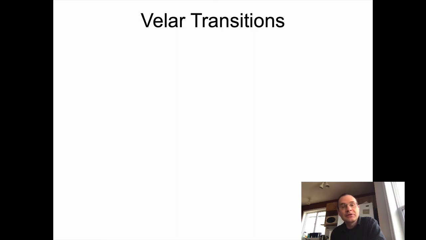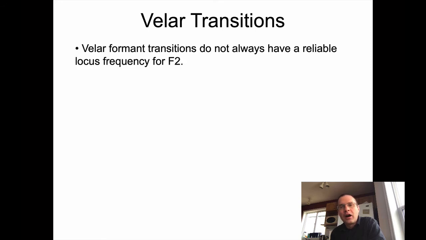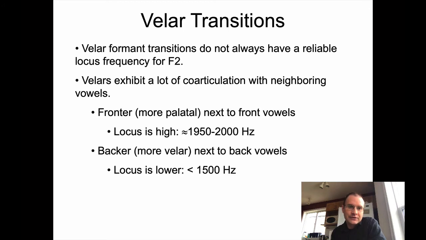So the last and most complicated kind of transition pattern, but also the one with the clearest cue in the spectrogram, are the ones we find for velars. So velars kind of depend. They don't have a reliable locus frequency for F2 because velar stops themselves will change place of articulation depending on what vowel they're articulated next to.